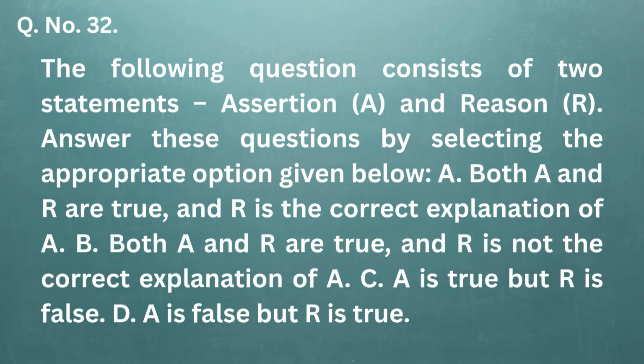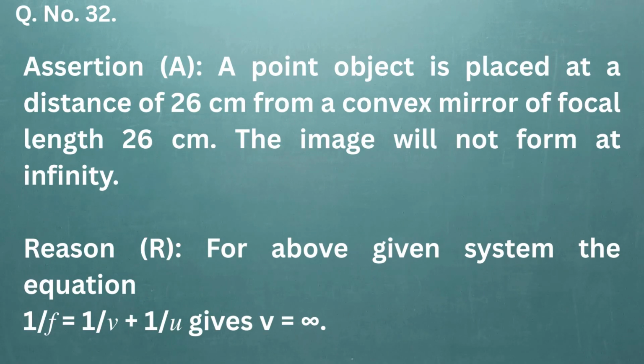A. Both A and R are true, and R is the correct explanation of A. B. Both A, assertion, and R, reason, are true, and R is not the correct explanation of A. C. A is true but R is false. D. A is false but R is true.